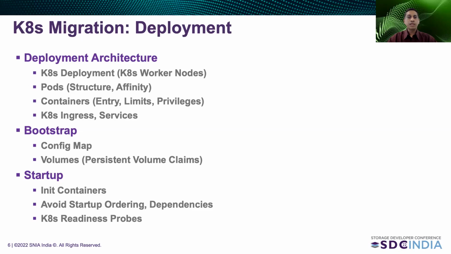You may use init containers to define steps that you may need to run before your application services start. It is recommended to remove startup ordering between the services so that they can be started quickly and in parallel. This will also help in scaling to hundreds of services easily.